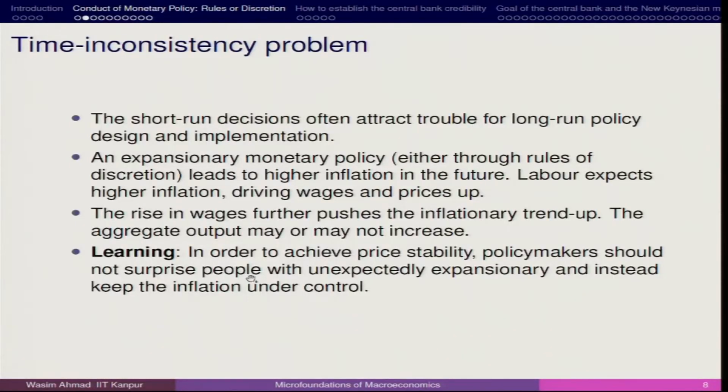So, price will come down after some time, or you may have a glut kind of scenario. So, what are the learnings? In order to achieve price stability, policymakers should not surprise people with unexpectedly expansionary policy. Instead, they should always try to put control on inflation. So, what is the idea behind? The idea is that the central bank wants the rational agent in the economy to go for rational expectation, which means that they should not form expectations based on the previous period itself.